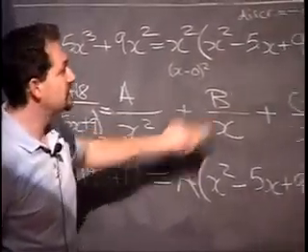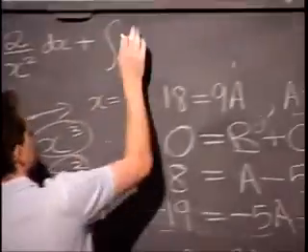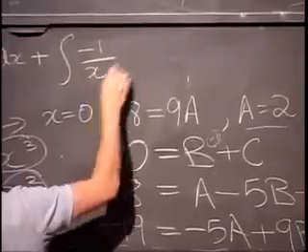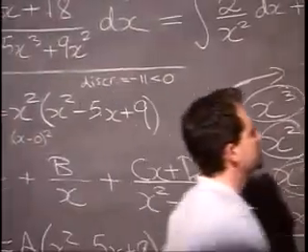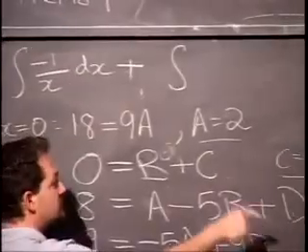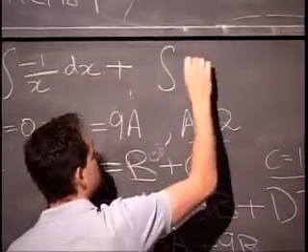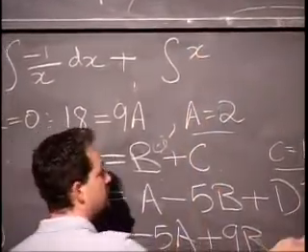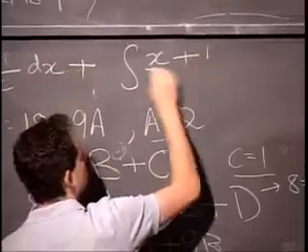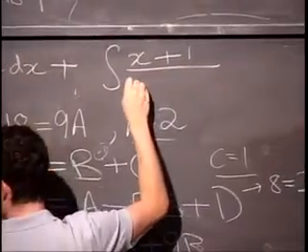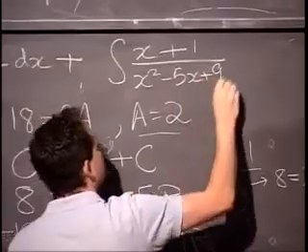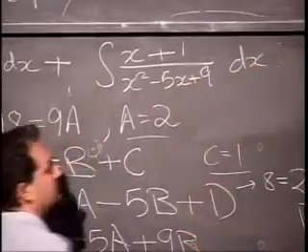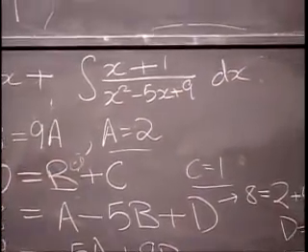What was b? Negative 1. Plus cx plus d. What's c? c is 1. And d is 1 over x squared minus 5x plus 9 dx. And that's the result of the form.